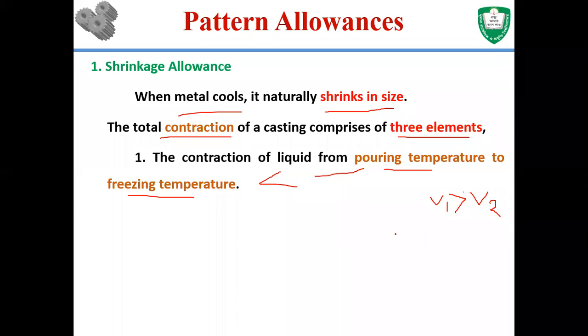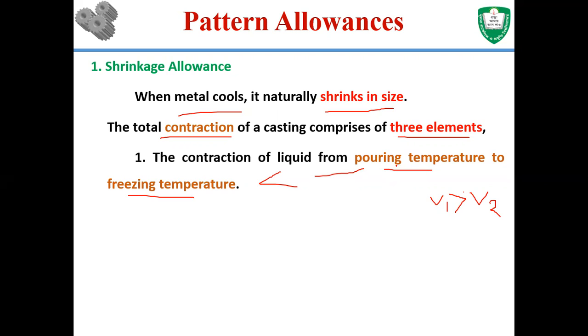Why does this contraction occur? It's because when the material is at pouring temperature, the atoms have a huge amount of energy, the vibration of the atoms is higher, and the space between the atoms also increases due to high temperature. Because of that increase in the kinetic energy of the atoms, the volume expands.